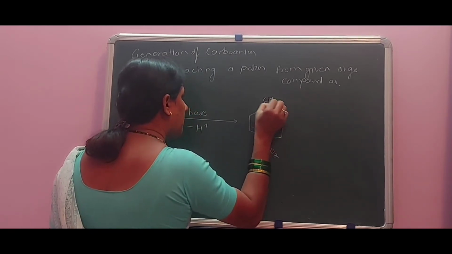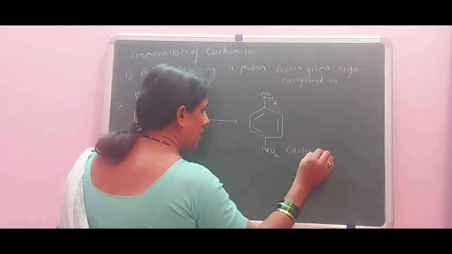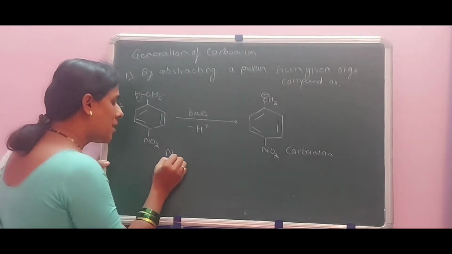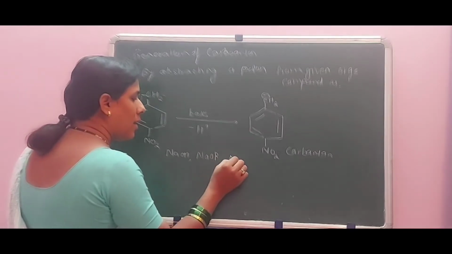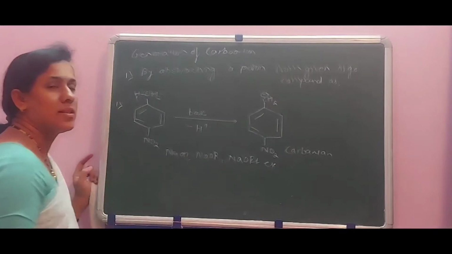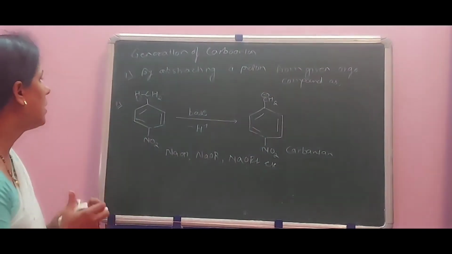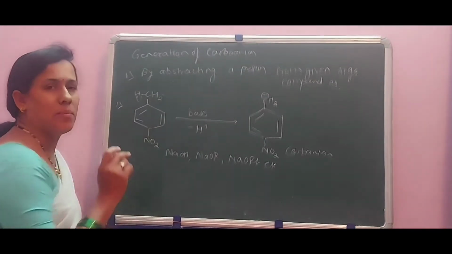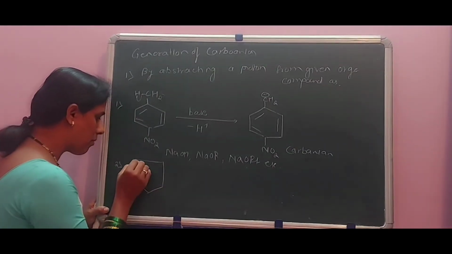This is a carbanion. The bases used are NaOH, NaOR, NaOAr, etc. These bases are used to abstract a proton from a compound containing an active methylene group. This is the first example. The second is cyclopentadiene, with abstraction of a proton here.